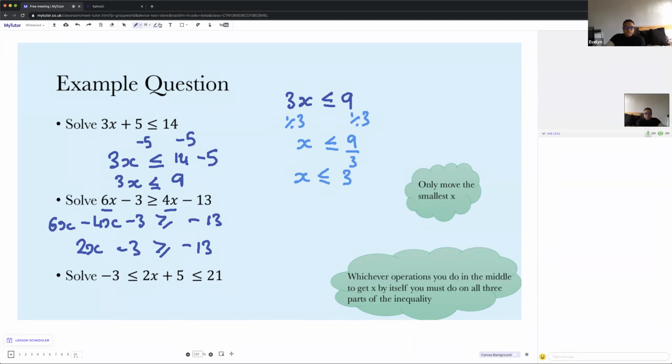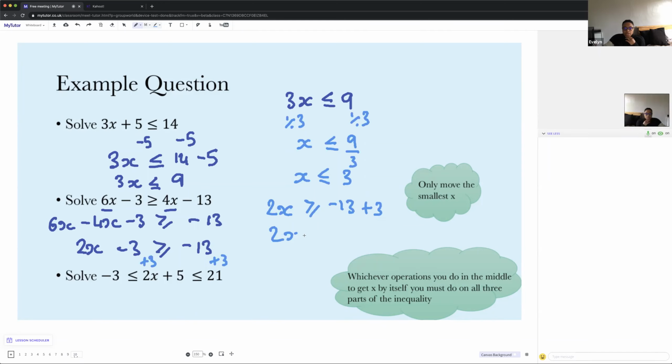And then what we can do is continue to solve. Similar to the first question that we went through, what we're going to do now is get rid of that minus 3. So we're going to add 3 to both sides. So we get 2x is larger than or equal to minus 13 plus 3.